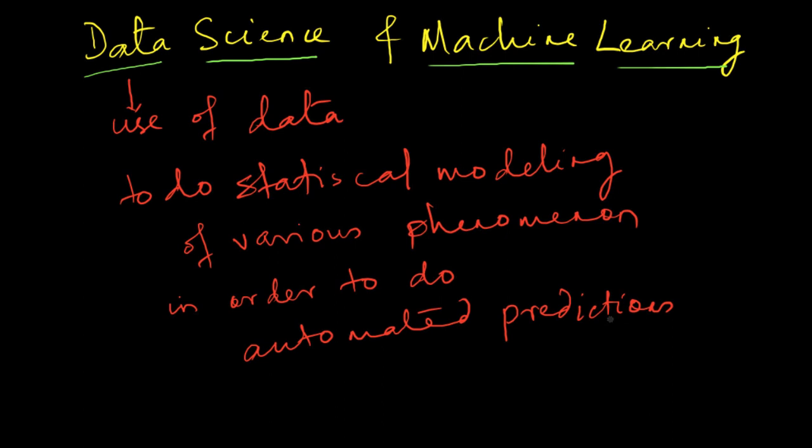So earlier, maybe a century back, or maybe I would say even 70 years back, data was primarily used for doing analysis using various kinds of mathematical tools and techniques, and then they were analyzed by human beings using human intelligence to draw inferences about the world. And that's how we have various kinds of laws and models that have been developed.